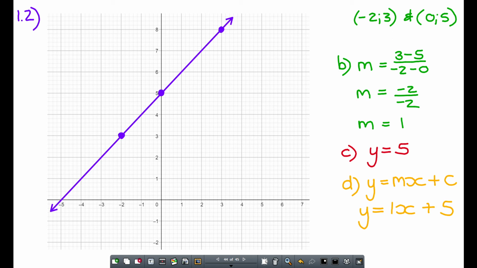The drawing of the graph could be 2 marks. Working out of the gradient could also be 2. C will just be 1 mark and D will be 1, maybe 2 marks. Yeah? Any two coordinates on that line.